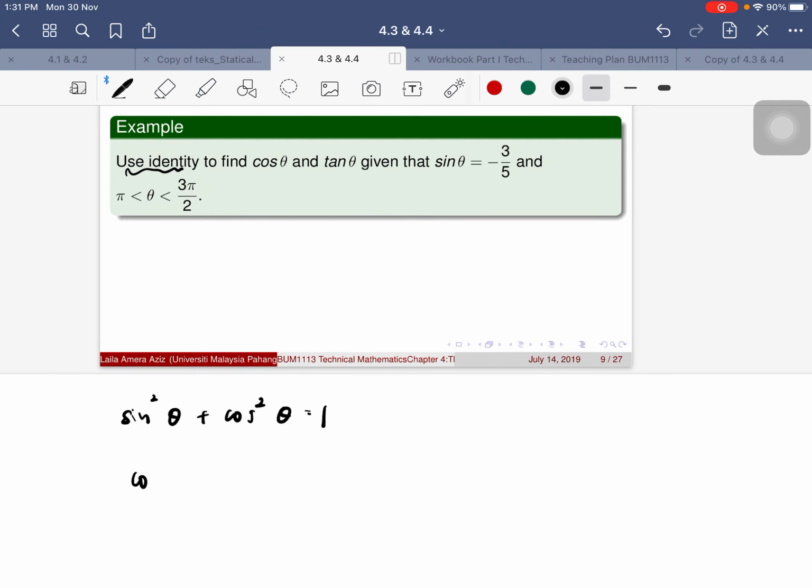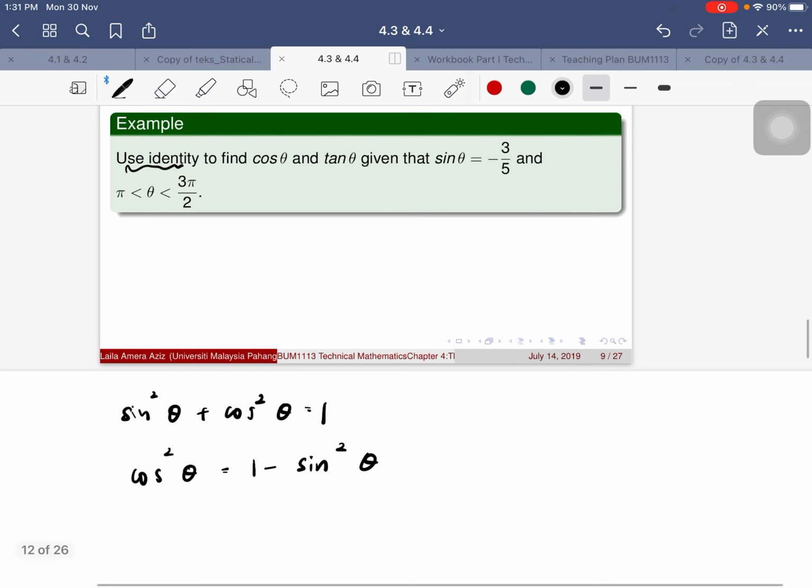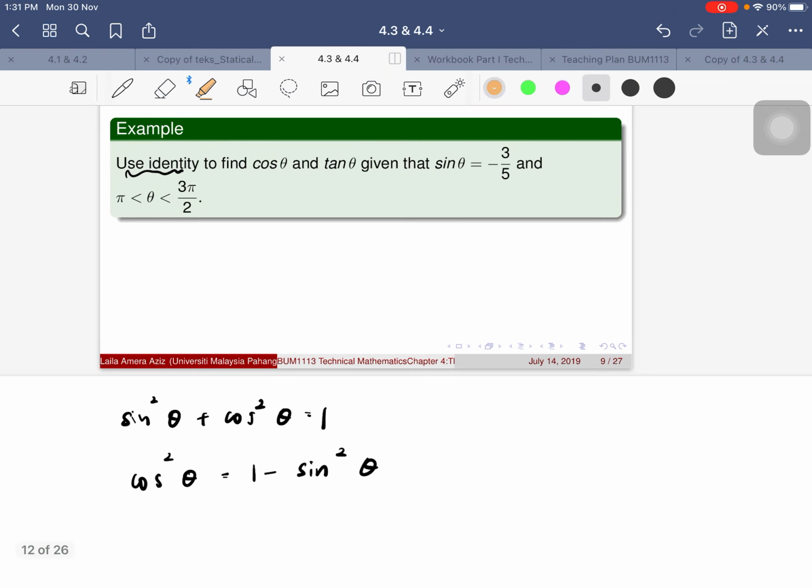Cos square theta is going to equal 1 minus sine square theta, and we know the value of sine theta is -3/5. And as I explained before, sine square theta is equivalent to sine theta raised to the power of 2. They are the same thing.